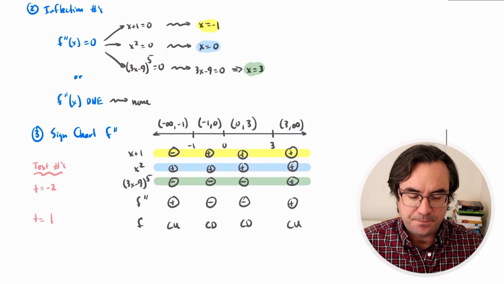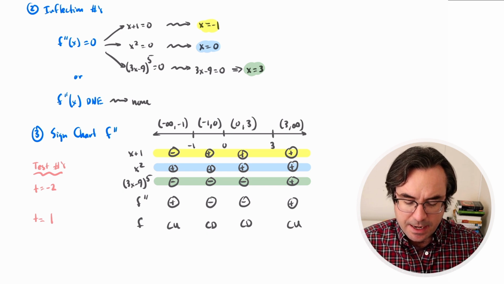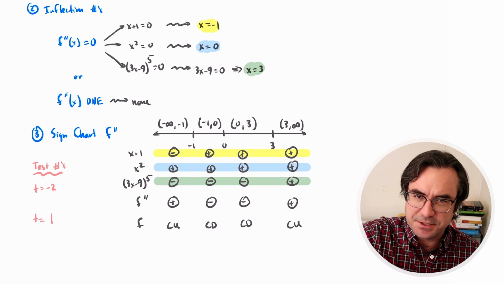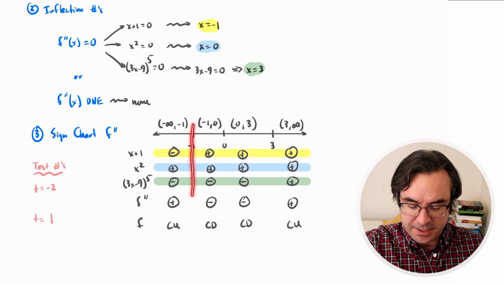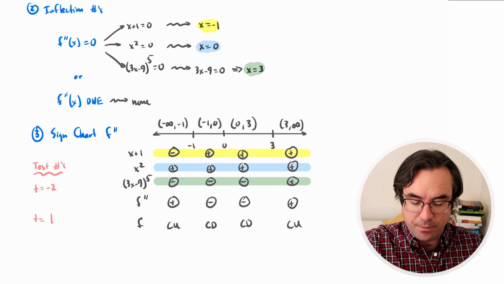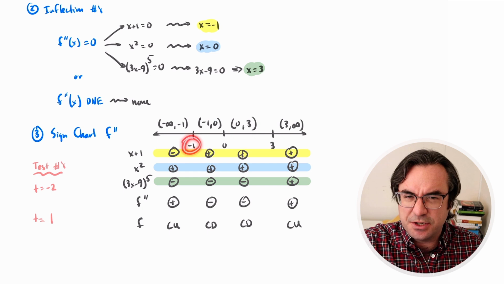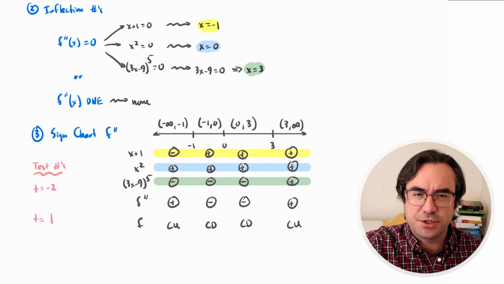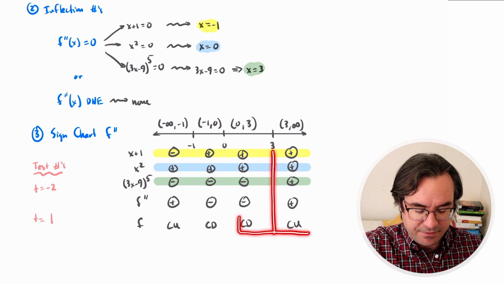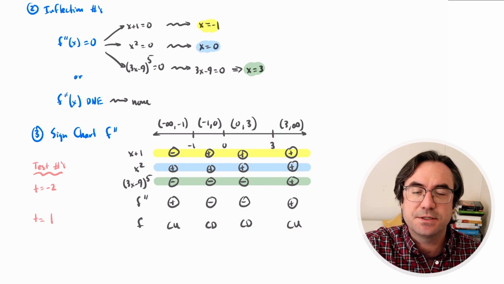If we were double checking, we would need a little more information about this. But what we're noticing is that at -1, we're seeing a change in concavity. So we'd probably have an inflection point at -1. We would just need to know if it's in the domain of the original function. We're also seeing a change in concavity at x equals 3, so most likely 3 is also an inflection point.